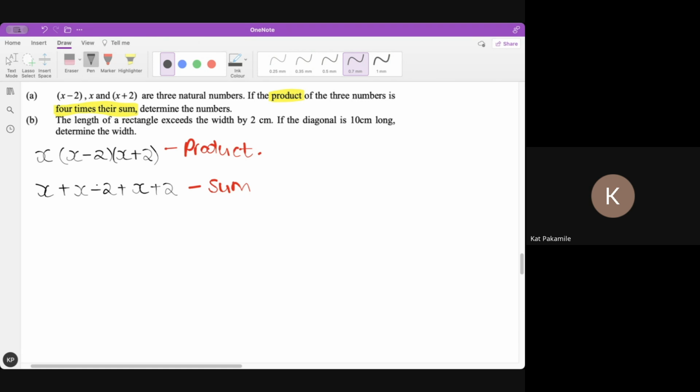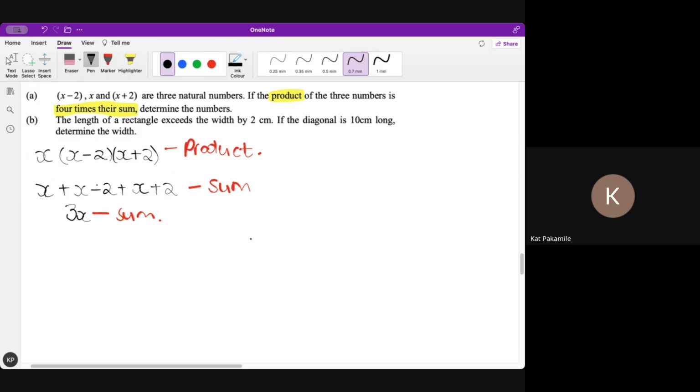Let's add the like terms. And that gives us x plus x plus x. That is how much? 3x. And negative 2 plus 2 is 0. So the sum is actually 3x.